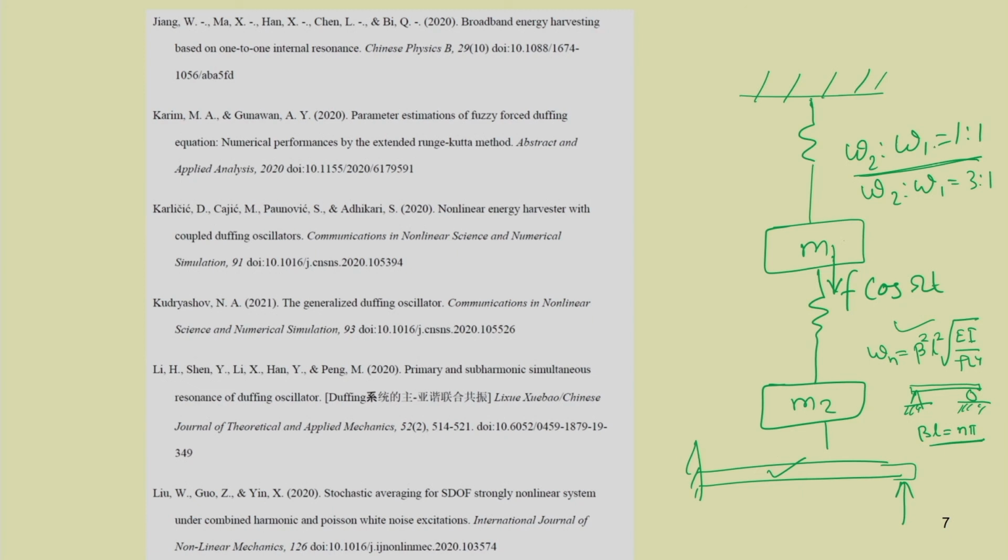In this type of case, when the relation is integer type, then generally energy transfer occurs. When you are exciting one mode, the other mode gets excited due to internal resonance. So, this is the condition for internal resonance, that means the natural frequencies must be in integer relationship.